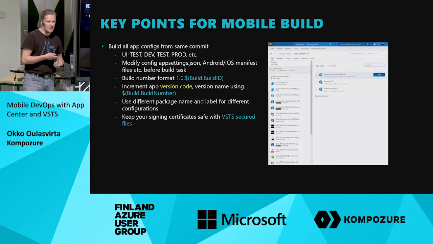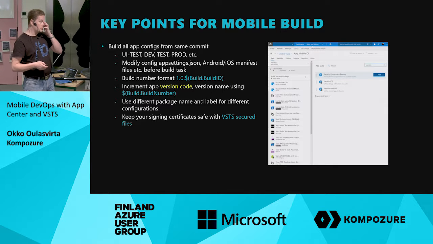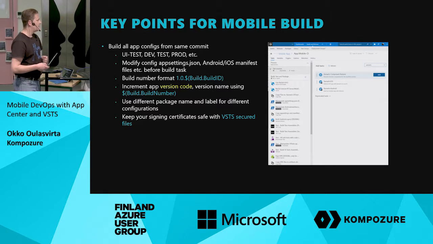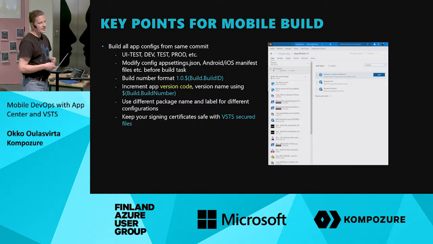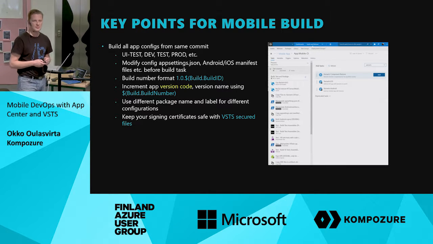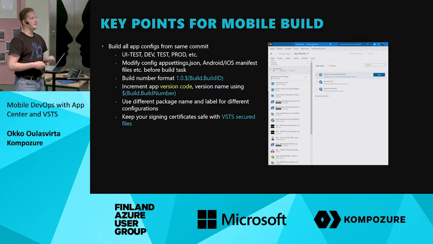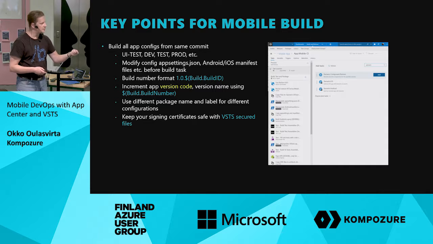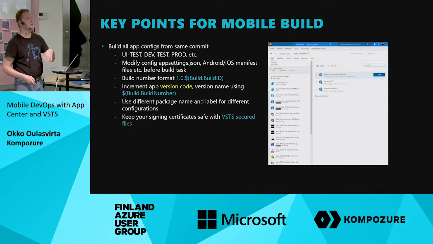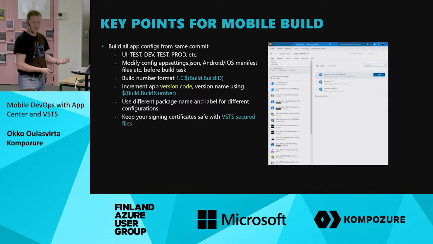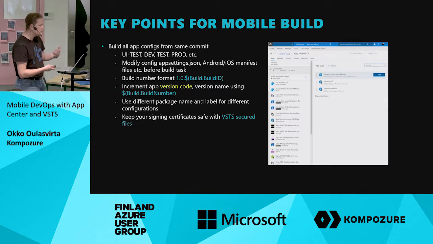Then you have to sign those. Both Apple and Google require that you sign the apps that you are going to deploy. Do not put the certificates or any secrets in version control. You don't want your company's certificate files to be available for someone to see. You can have your developers have some kind of temporary certificates for ad hoc deployments for different purposes.